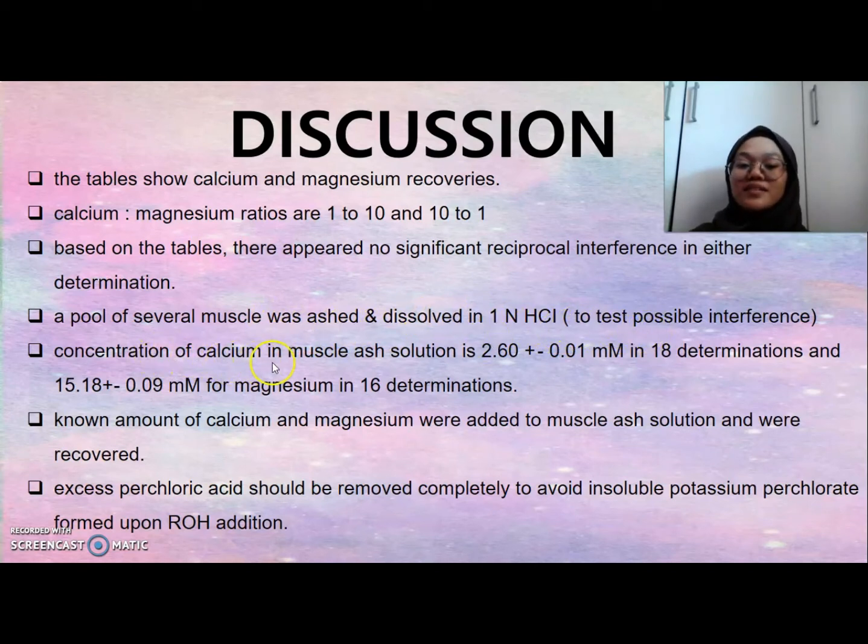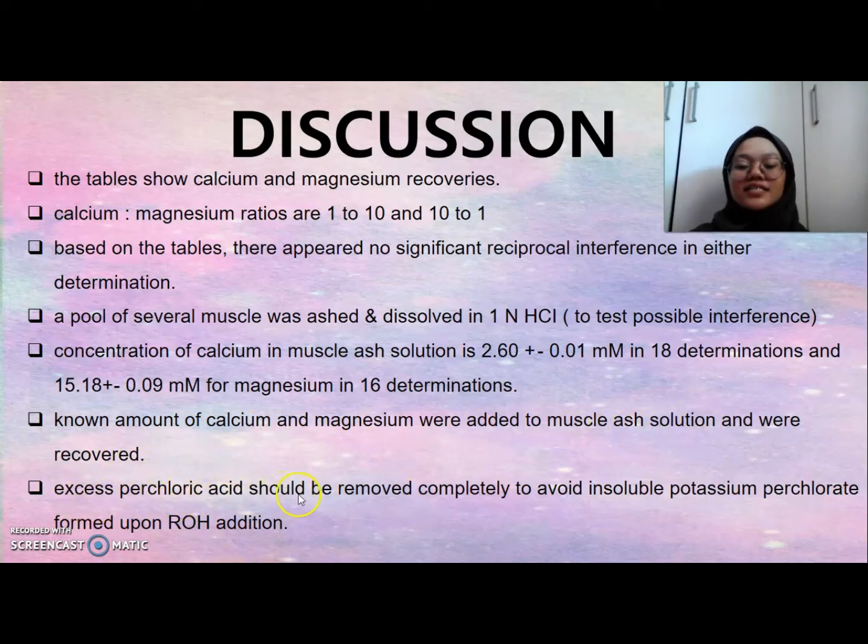The concentration of calcium in the muscle ash solution is 2.60 plus or minus 0.01 millimolar in 18 determinations, and 15.18 plus or minus 0.09 millimolar for magnesium in 16 determinations. Known amounts of calcium and magnesium were added to the muscle ash solution and were recovered.